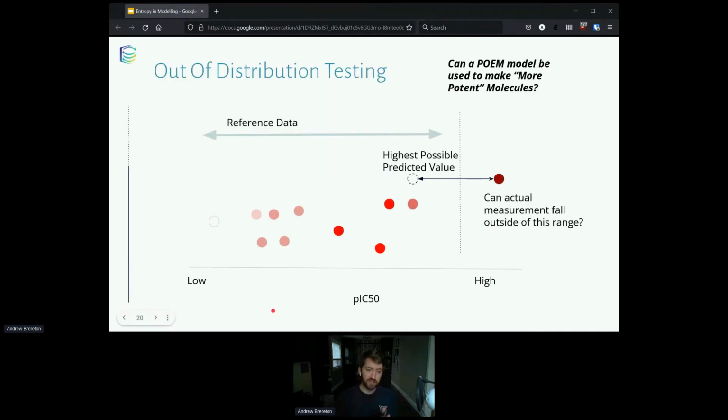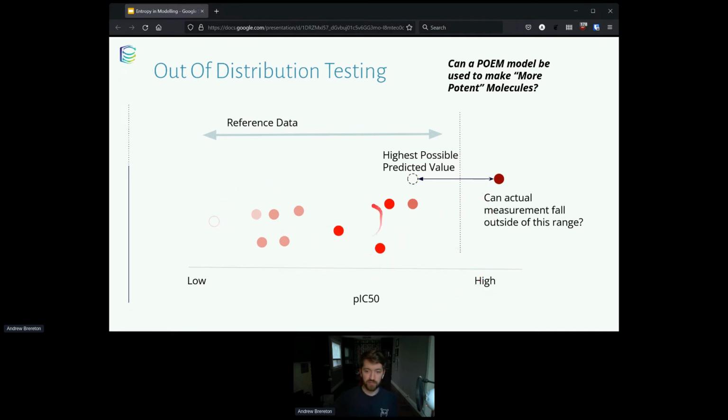So this leads to an issue if you now want to do out of distribution predictions using this model. Say you've got a model that's predicting pIC50. This is a measurement of the affinity between a molecule and, say, a protein, and the higher this is, the stronger the affinity, like a stronger binding event.